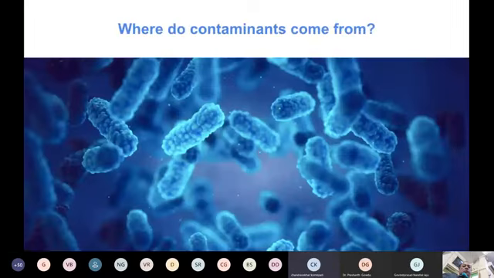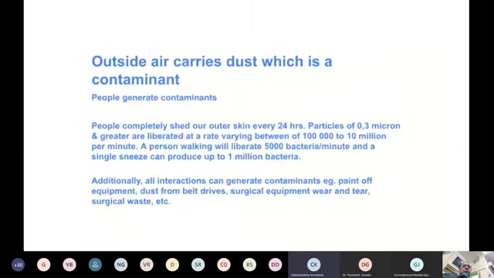And where does this come from? The focus will be more on the outside air, where the total dust levels, particles, bacteria, viruses all come into the outside fresh air, which has to be treated in a very precise and proper way.